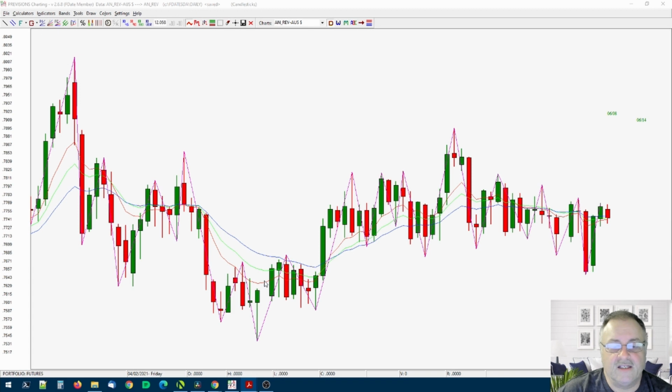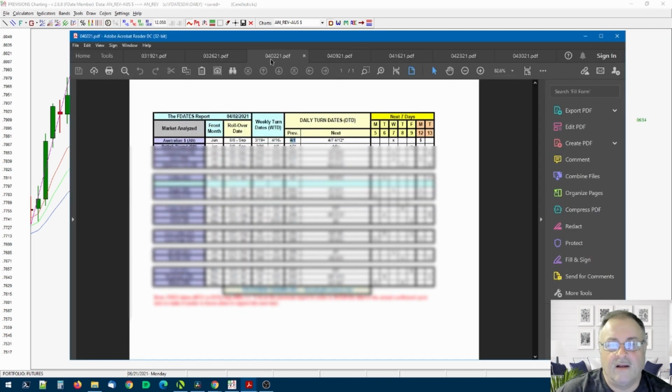And it's telling us that we should be looking at April 7th as a high probability turn. April 7th, 4/7, is the F date, as listed right here. So these are F dates, these are all F dates.